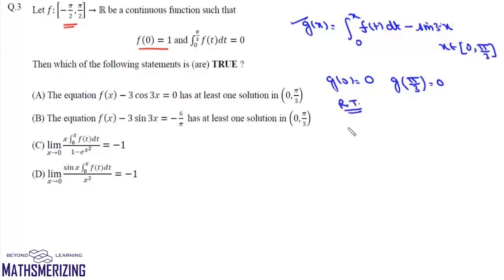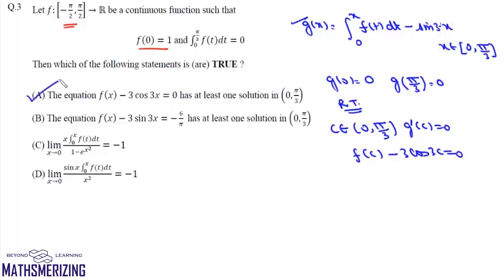Then from Rolle's theorem, we can say there exists at least one c in the interval 0 to pi by 3 such that g dash c is 0. Now if we differentiate this, we can write f(c) minus 3 cos 3c equals 0. So this equation f(x) equals 3 cos 3x will have at least one solution in 0 to pi by 3. That means this option A is correct.